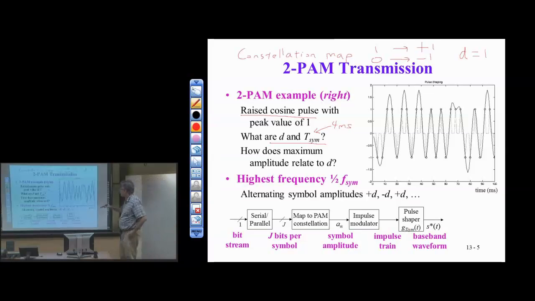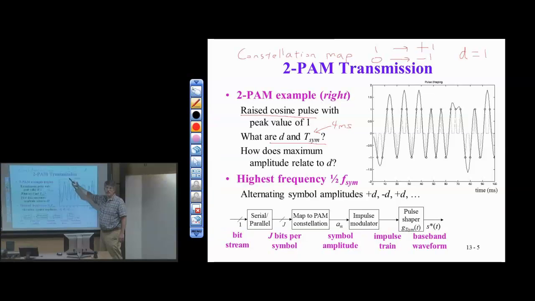Now, a few insights here. You'll notice that the range right now is for 2-PAM, and I think the pulse shape is 4 symbol periods, is my guess. You have to know that to find the peak. But here I'm basically seeing -2D to 2D.